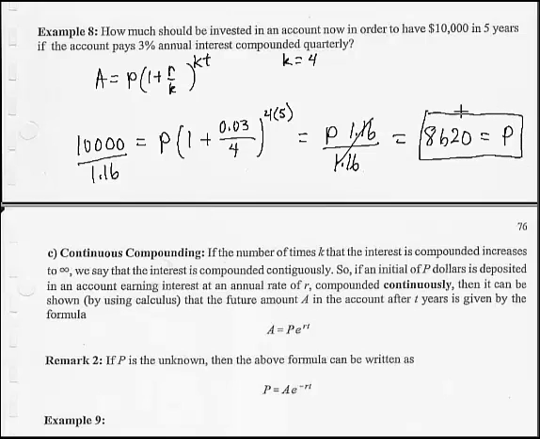We'd have to invest $8,620 into an account with 3% annual interest compounded quarterly in order to have $10,000 after 5 years.